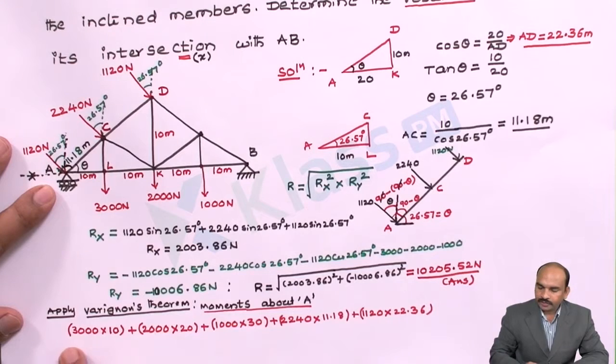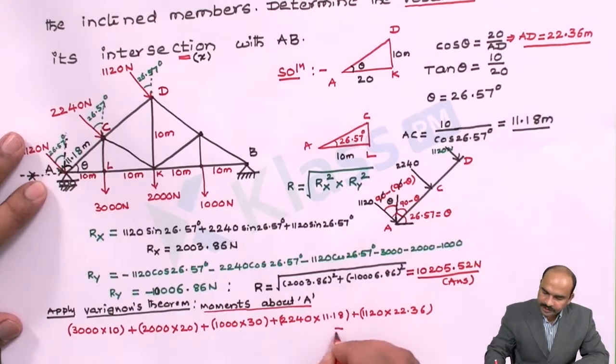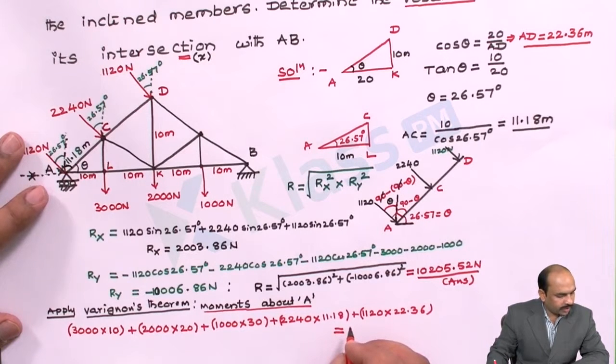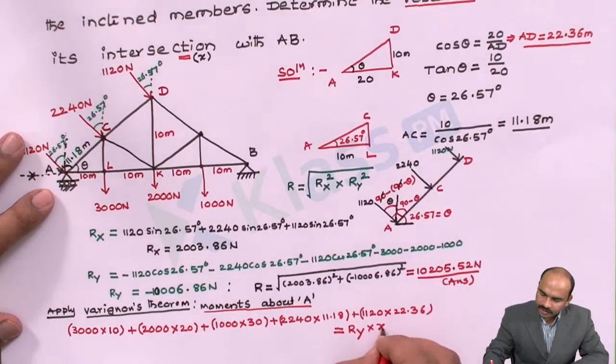Now this is the sum of the moments of all the forces. According to Varignon's principle, the sum of all the moments is equal to the vertical force about y into its distance x.